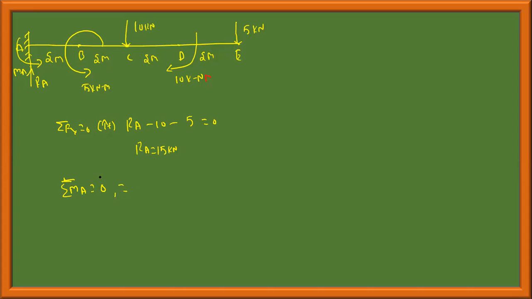I will consider clockwise moment as positive, which gives minus Ma plus 10 into 4, plus 5 into 2, 5 into 40... minus Ma plus 5 plus 80, so Ma is equal to 85 kilonewton meter.